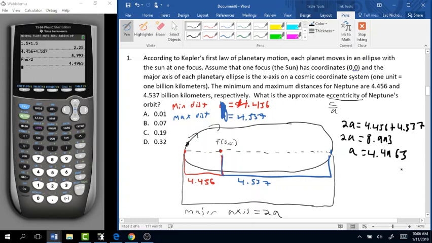Now, while this distance is 2a, and we found a, representing a on the ellipse, a is the distance from the center to one of the endpoints on the major axis. So if this is the center, (H, K), A will be the distance from the center to one endpoint on the major axis. So that length right there is A. If you notice something, the focus of an ellipse is the distance from the center to the focus.